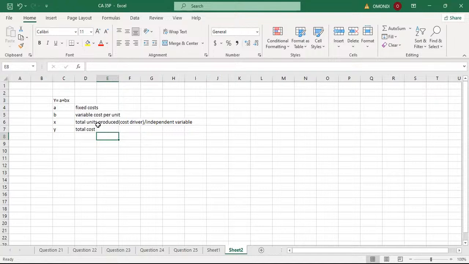Then there are these variable costs which are dependent on the quantity produced, whereby if we produce 0 units, then our total variable cost will be 0.